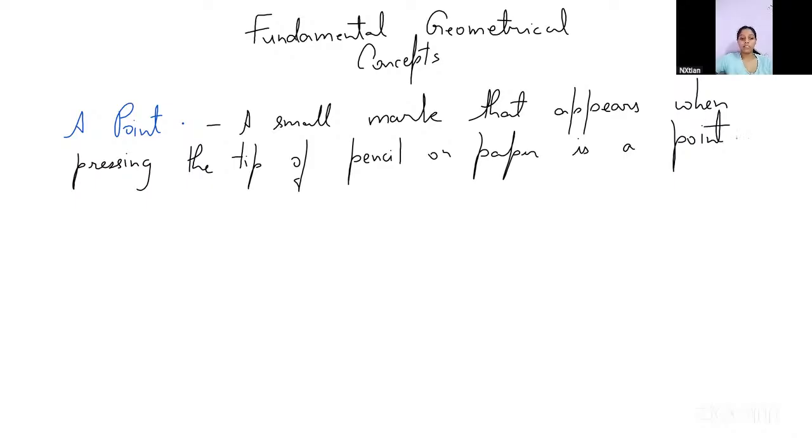Okay, then we have a line. Suppose if you have a thread and you hold it tightly from both the sides, you can say that it becomes a straight line.